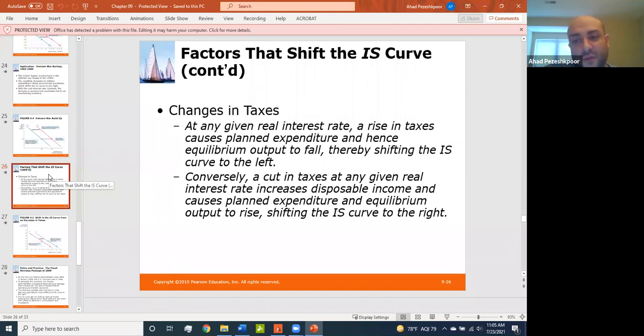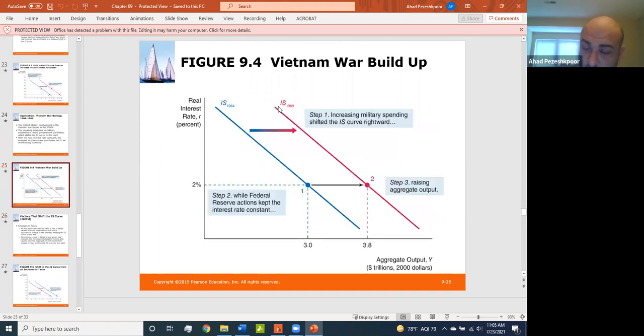The government would have to borrow money. And if it borrows money, there will be less funds available to the public. And if it doesn't borrow money and it would lower its purchases, this curve, IS curve, would shift to the left. So you see, this is a trade-off.